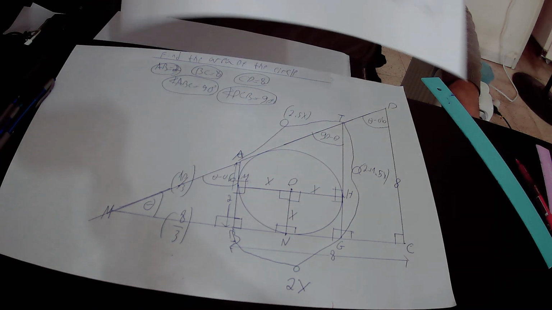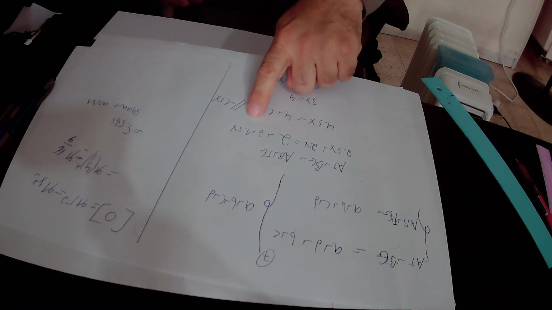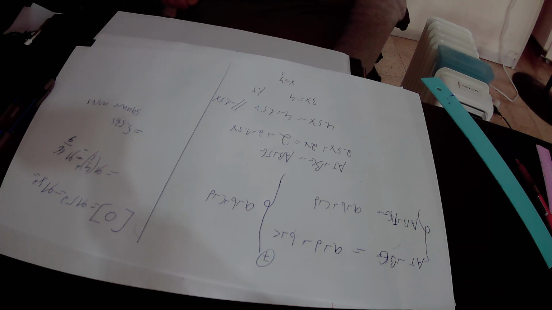Finally we found that 2.5x plus 2x equals 2 plus 2 plus 1.5x.